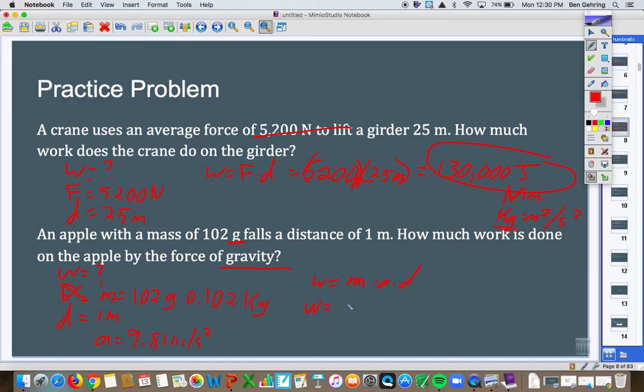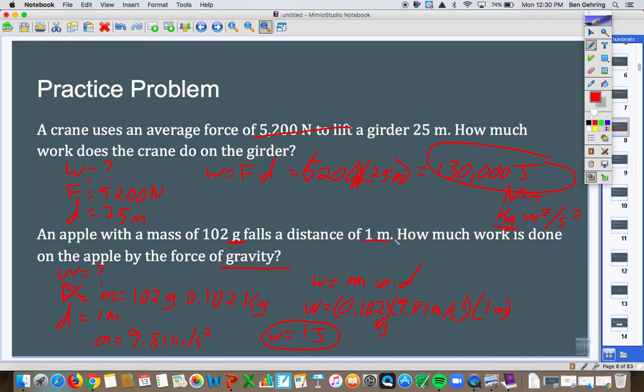So work equals 0.102 kilograms times 9.81 meters per second squared times my distance, which is 1 meter. So if I multiply all of those, I should come out to a work equal to 1 joule.